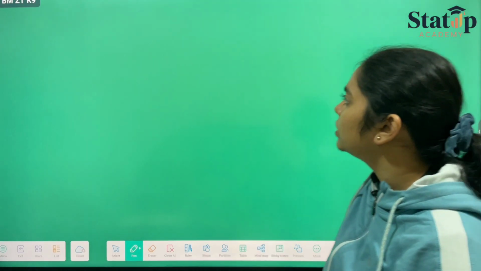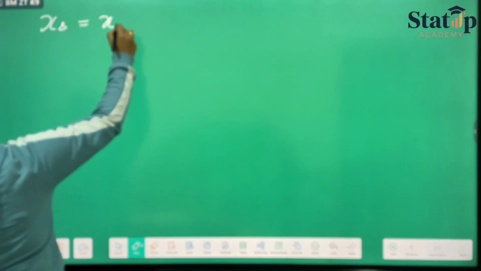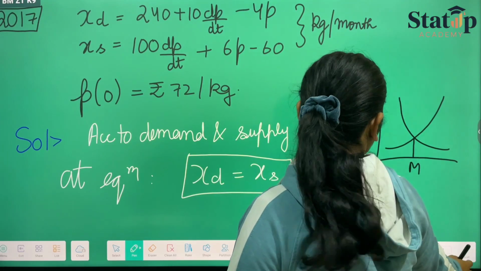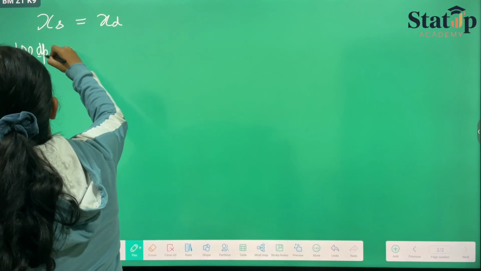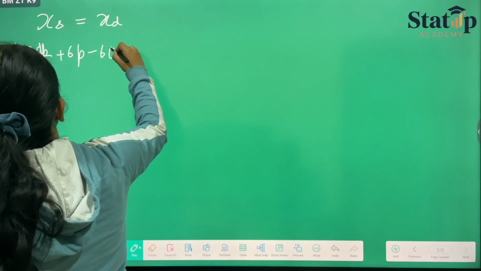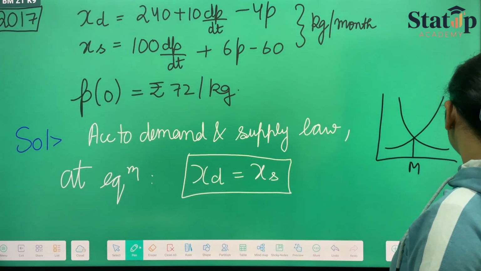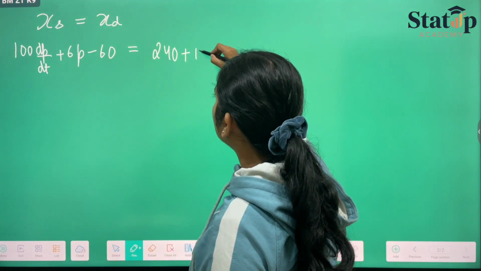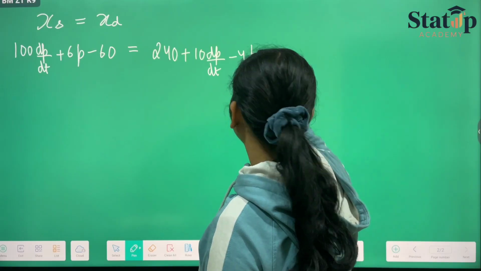Now moving on further, putting them both equal, xs equals xd, which is supply equals demand. Supply is 100 dp by dt plus 6p minus 60 equals 240 plus 10 dp by dt minus 4p.